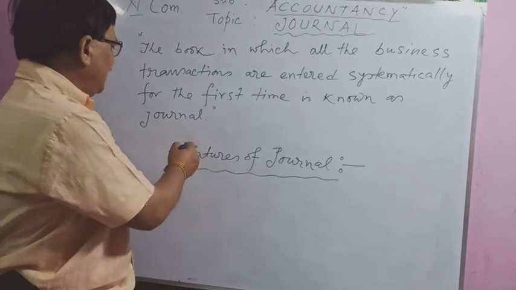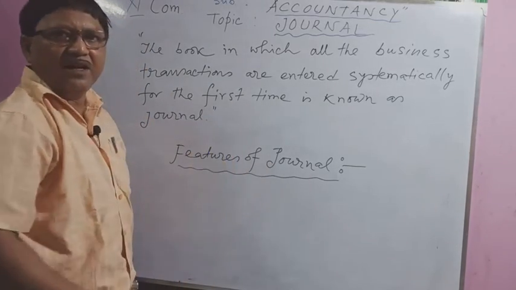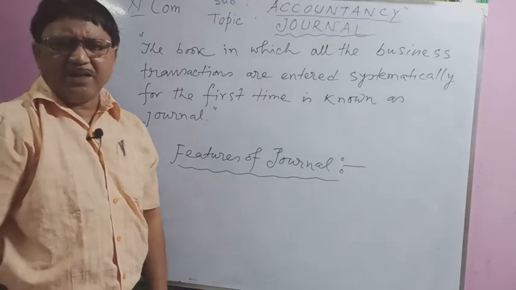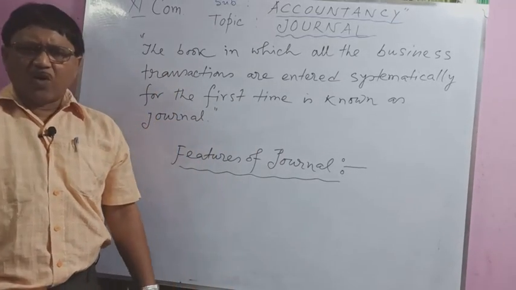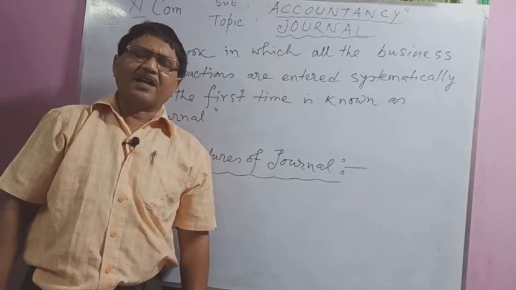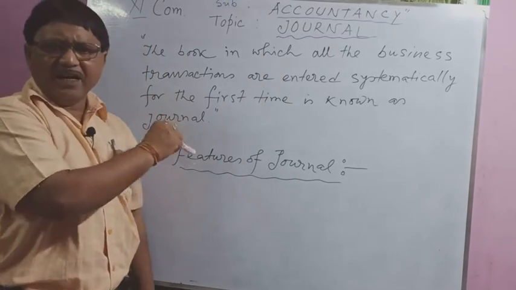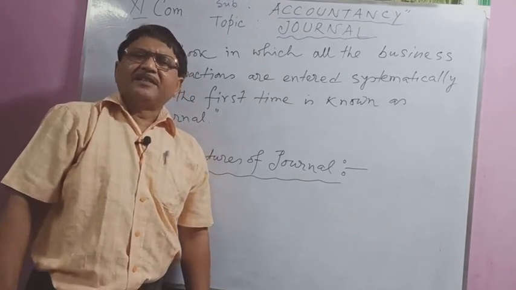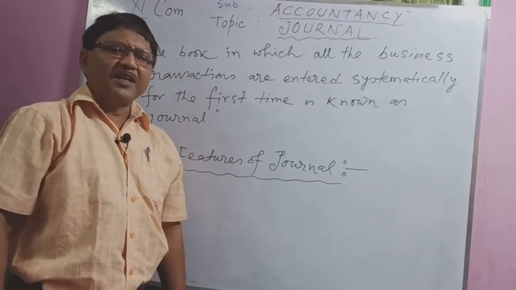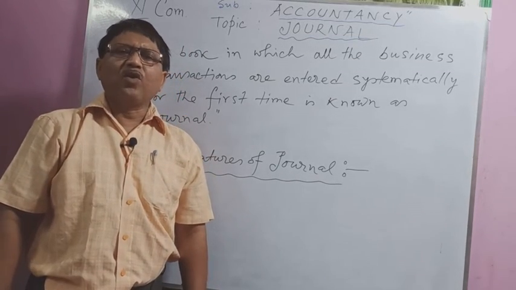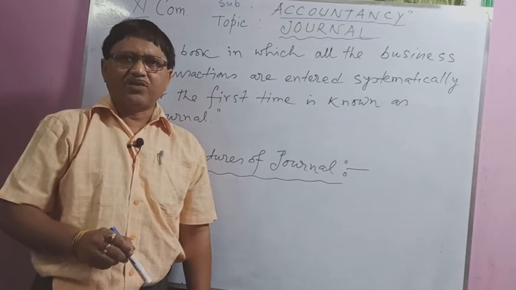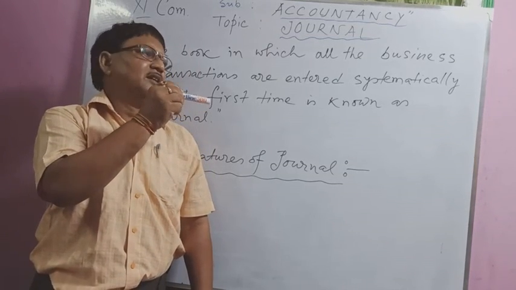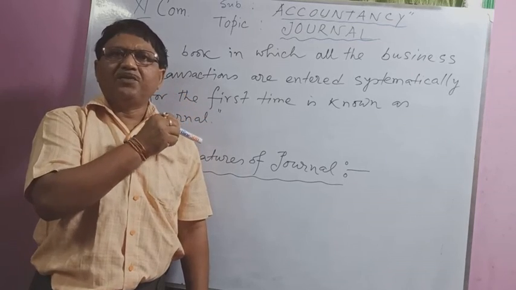Now, what are the features of journal? The main feature is that all business transactions are recorded in journal. Second, it records in date-wise or chronological order. All transactions are recorded date-wise, say 2nd January, 3rd January, 5th January.